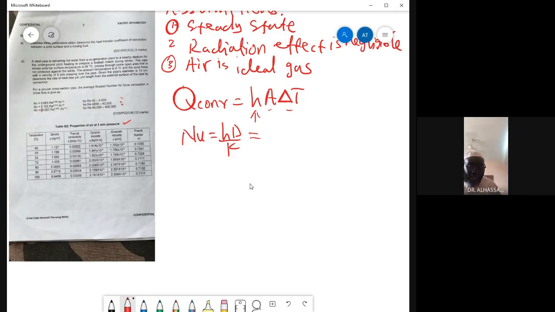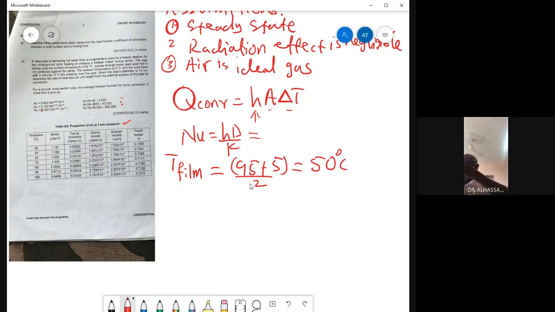Let us first determine the properties of the air at 1 atmospheric pressure. That means we need to find the film temperature. The film temperature is going to be 95 plus 5, that's the temperature of the air, all divided by 2. This gives me 50 degrees Celsius.